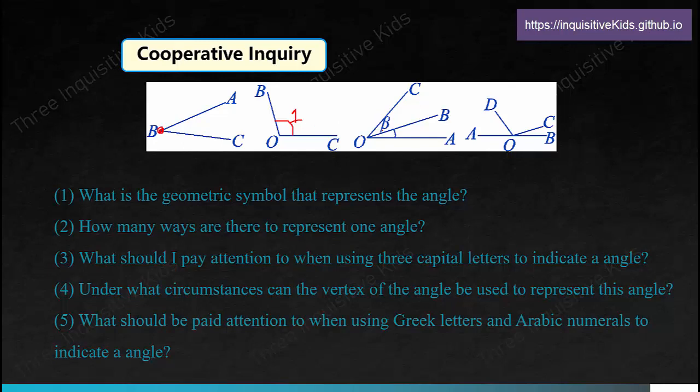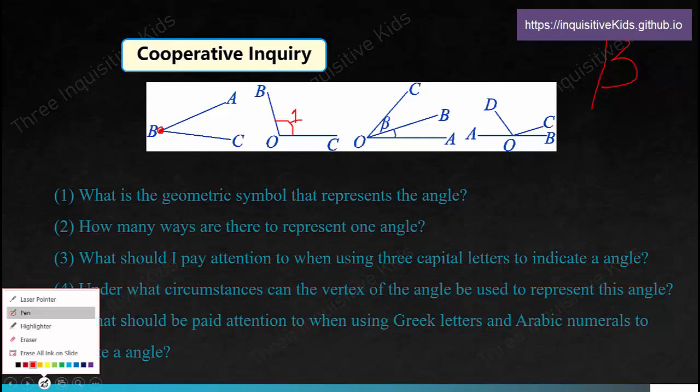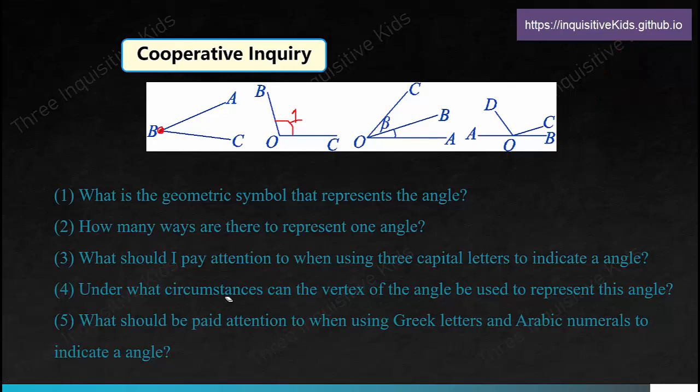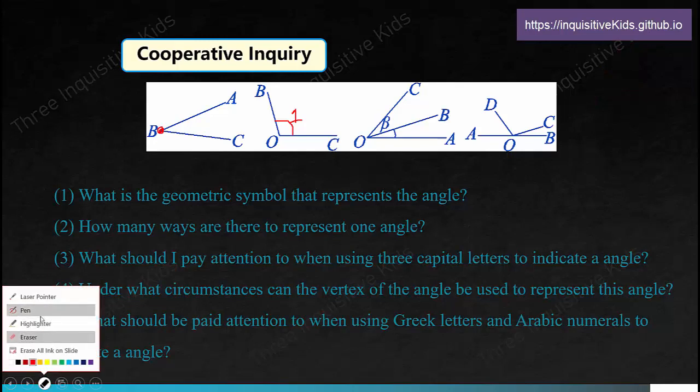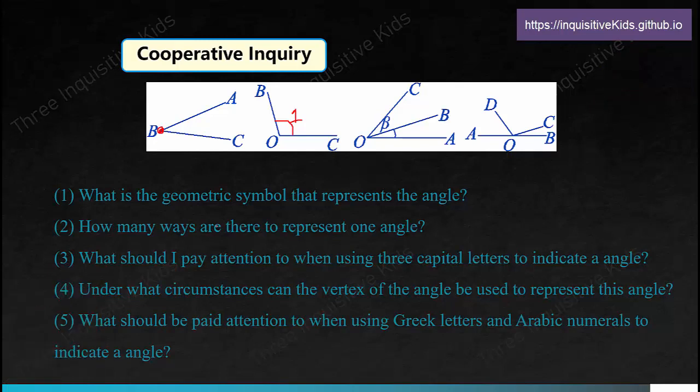For this one, it is called a beta. This is probably one of your first times seeing it, because you might think, wow, that looks like an English B. Well, it is the second letter, beta, from the Greek alphabet. So sometimes we would use Greek letters and Arabic numerals to represent an angle. And what should I pay attention to when using the 3 capital letters to indicate an angle? Remember the thing we just went over?